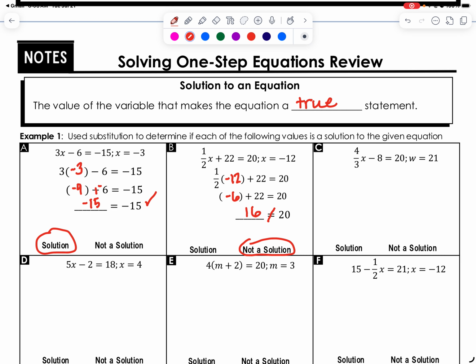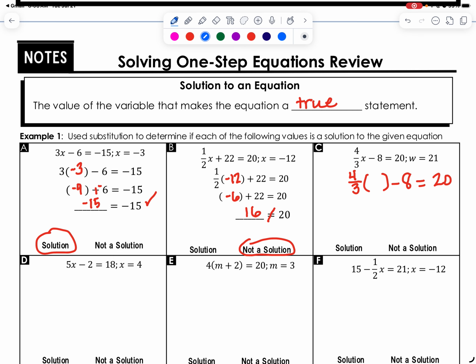All right, problem C. We have 4/3 x minus 8 equals 20. And they want to know, is 21 a solution to the equation? In other words, when I plug in 21, will it give me a true statement? So I'll write the equation again. I'll replace the x with parentheses.